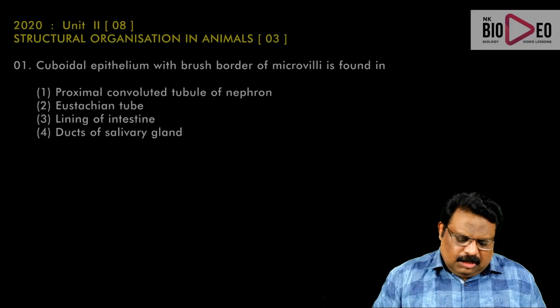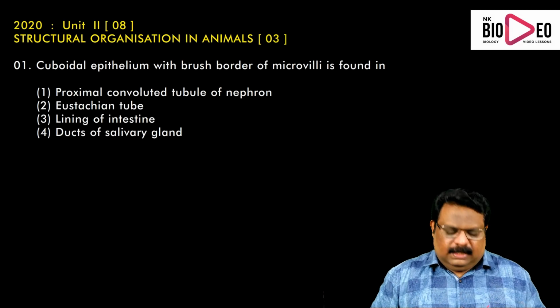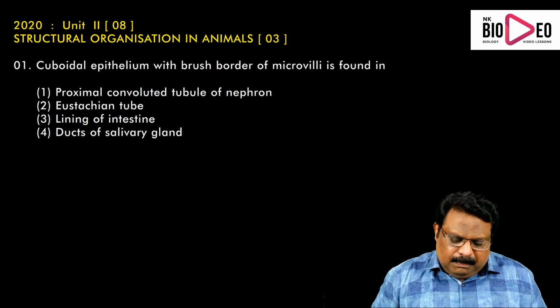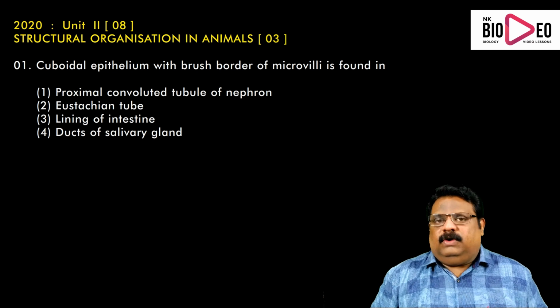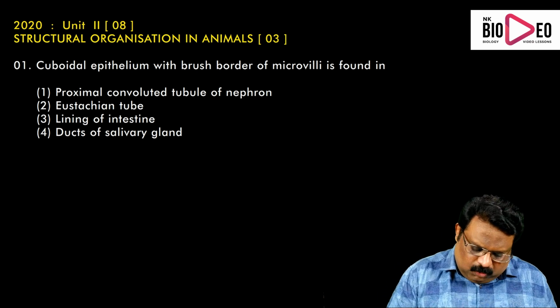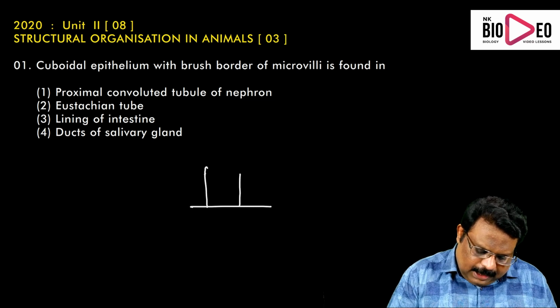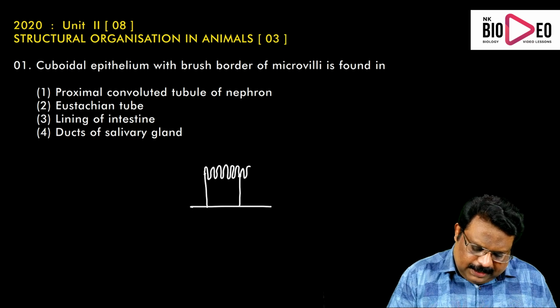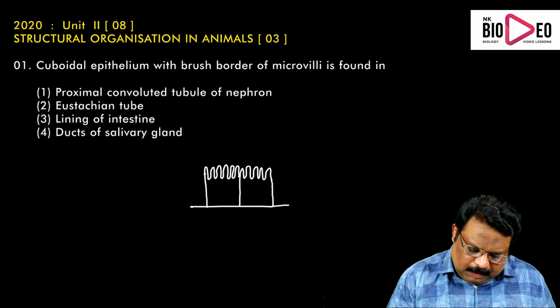Okay. In structural organization in animals, 3 questions were there in 2020. The first question: the cuboidal epithelium with the brush border of microvilli is found in. So what is microvilli? Suppose this is a cuboidal epithelium. The cube-like cells are there and the free surface is having microvilli.